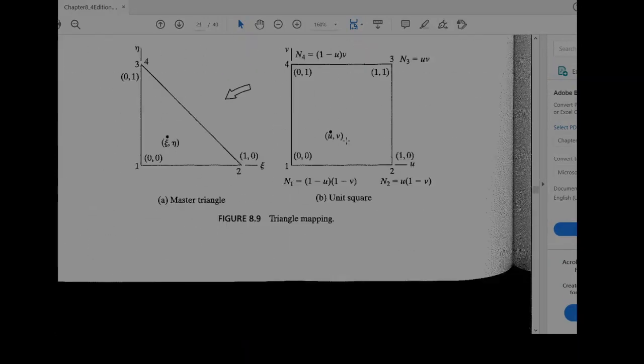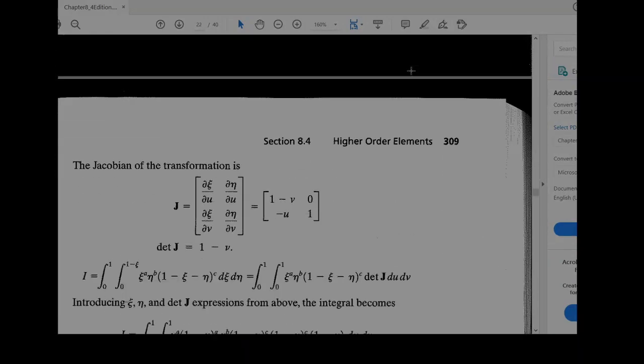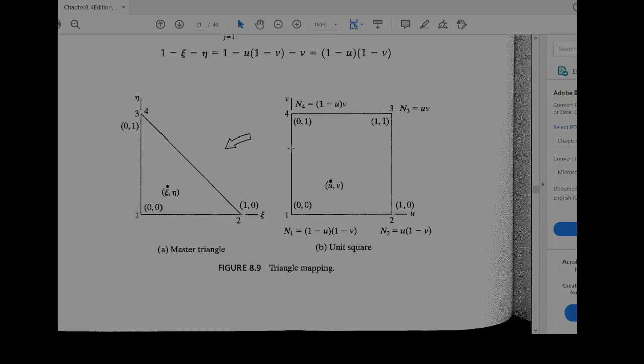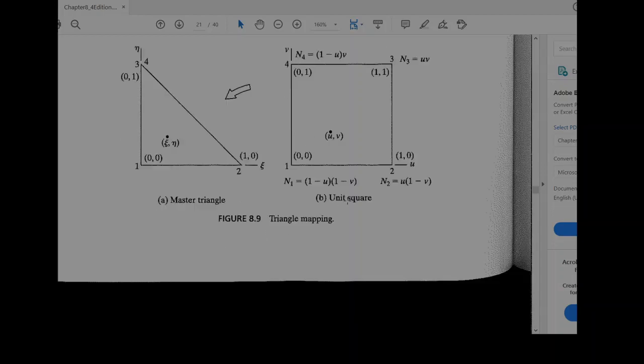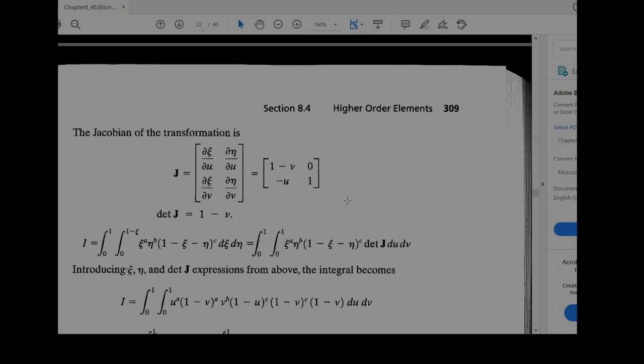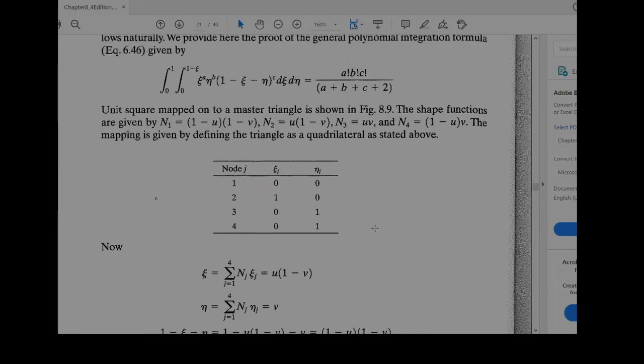Essentially, if I have a quadrilateral and I collapse this mid-side node onto this line, this element becomes degenerate. The determinant of the Jacobian becomes not unique. So we start ending up in situations where the determinant of the Jacobian is not properly defined anymore.